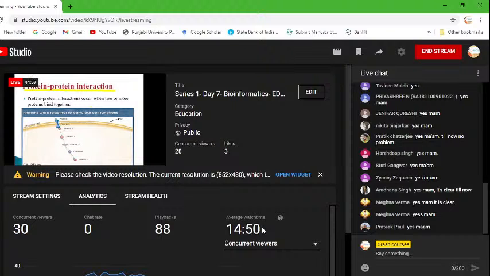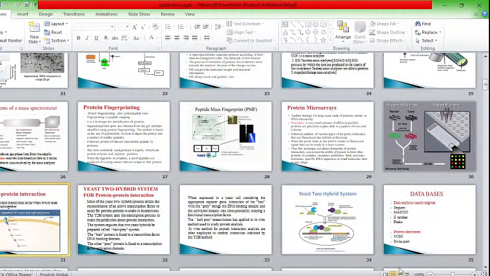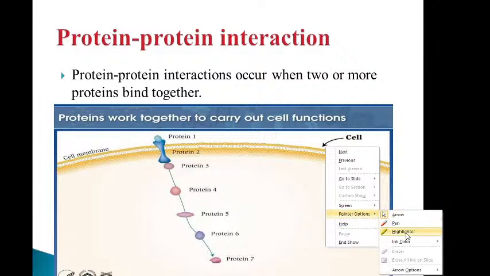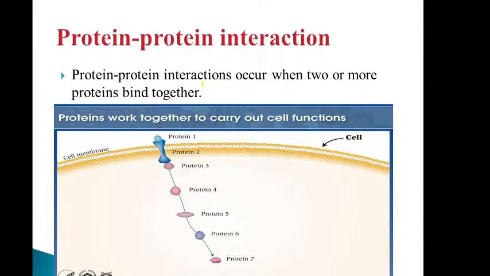Okay. So now we have another term which is protein-protein interaction. Now, what is protein-protein interaction? We all know that this type of interaction will occur only when two or more proteins bind together. So, this is protein 1, which is present on the cell membrane, or you can say on the outside of the cell.